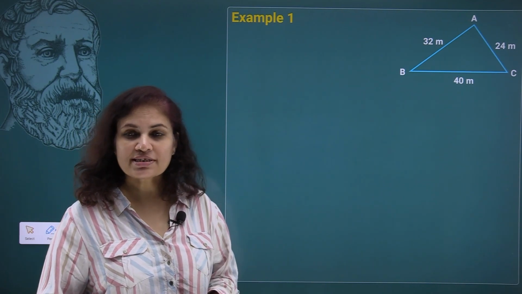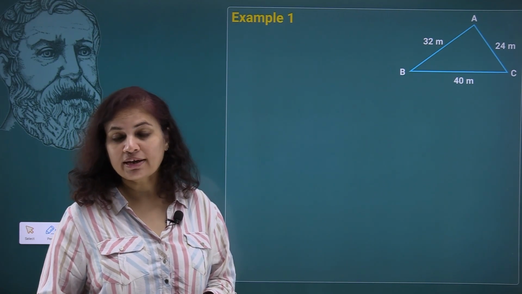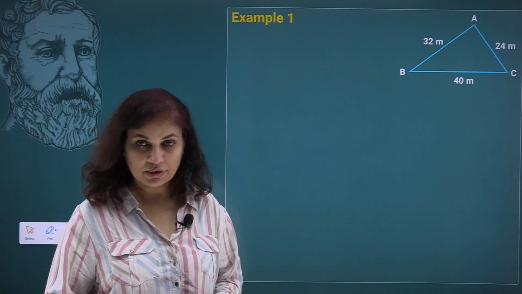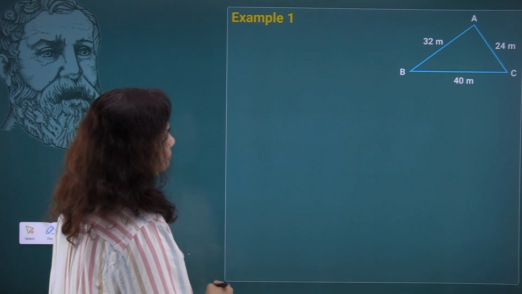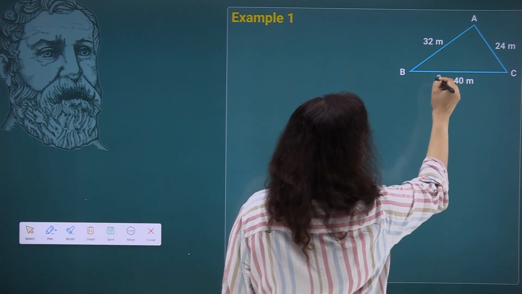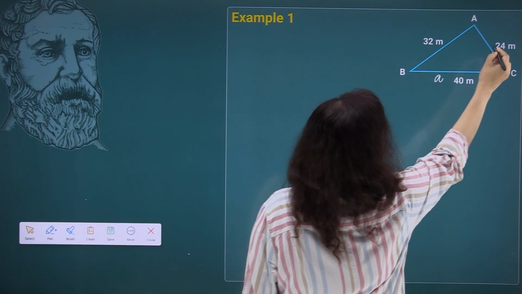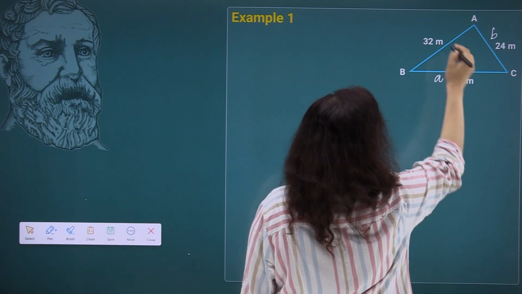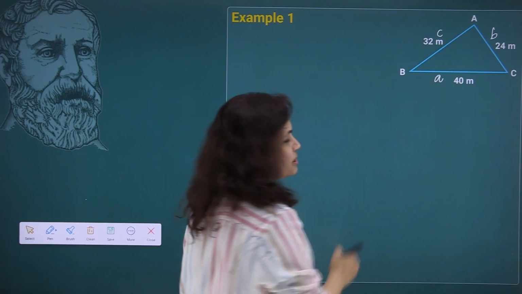Let us now see how to apply Heron's formula in finding the area of a triangle. Before us we have example 1 in which a scalene triangle with 3 unequal sides is given. Now to find the area, let me denote the side opposite to capital A by small a, the side opposite to capital B by small b and the side opposite to capital C by small c.